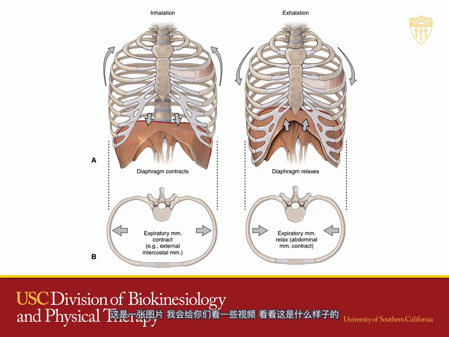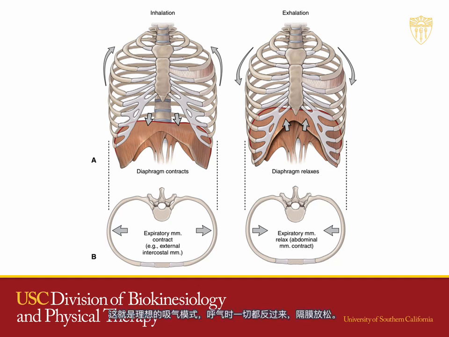So again, here is a picture, and I'm going to show you some video of what this can look like. As we inhale, the lateral ribs, the lower ribs are going out, the top ribs are going kind of up, and the diaphragm is contracting. So hopefully you're going to see the stomach get a little bit bigger.